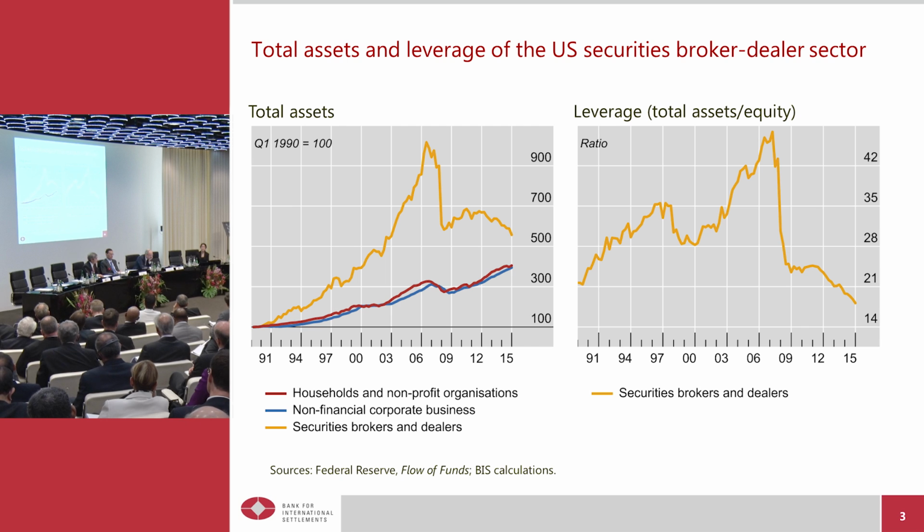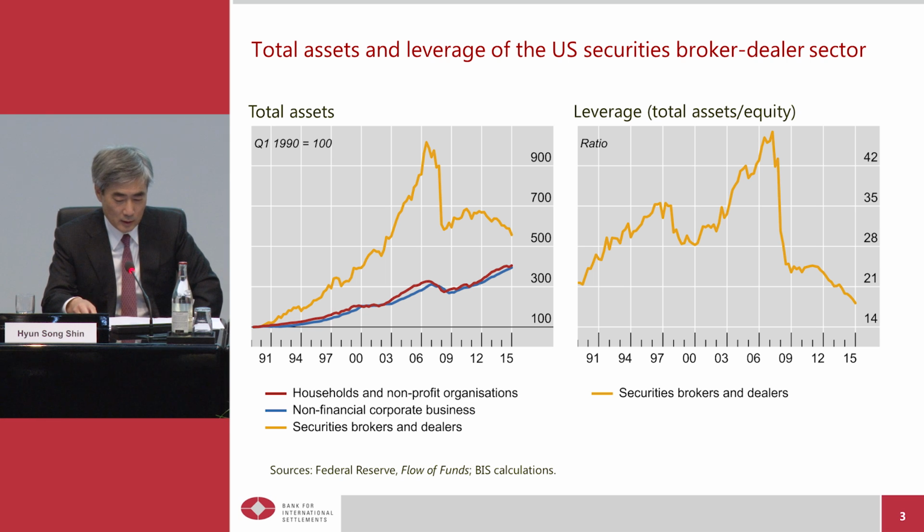Now, some market commentators mention regulation as one factor behind the decline in the risk-taking capacity of the dealer sector. Regulation is certainly tighter after the crisis, and a more realistic pricing of liquidity has been one of the intended effects of post-crisis regulation. At the same time, though, it's worth remembering that regulation is not the only constraint on leverage.